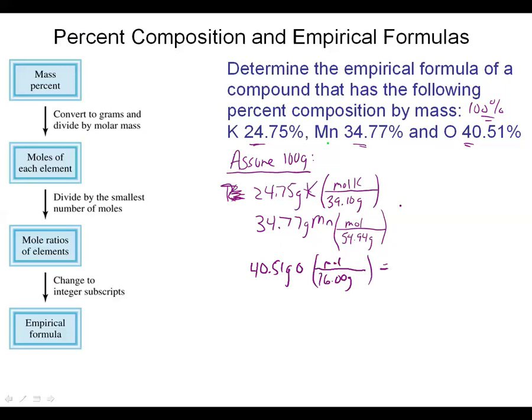So this is your basic step when you want to calculate the empirical formula. You just want to take the grams of each of the elements and convert them into moles using the molar mass. So if we do that for our potassium, we will end up with 0.633.